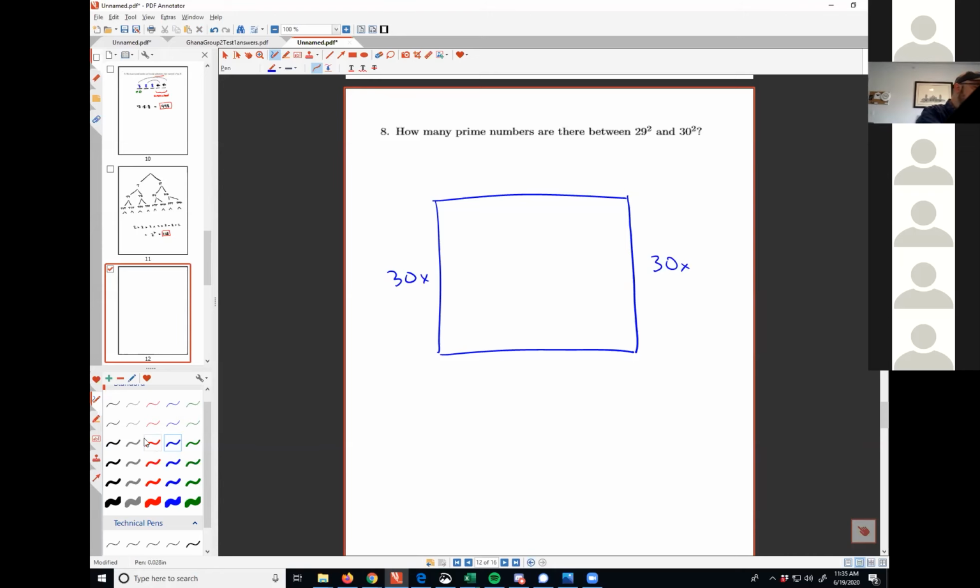The numbers that we're looking at are the last 2 rows, really. Once we have this whole grid filled out, we can perform the sieve of Eratosthenes.